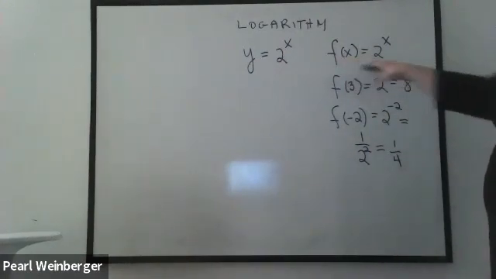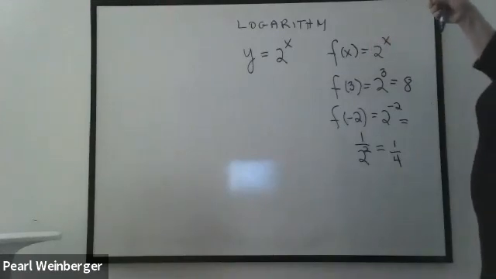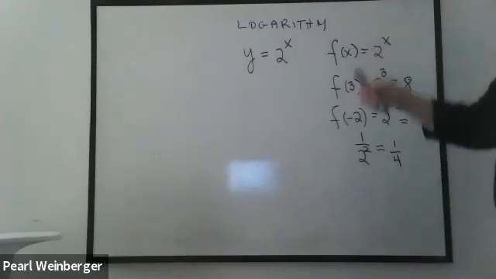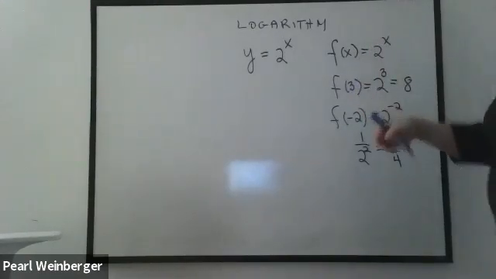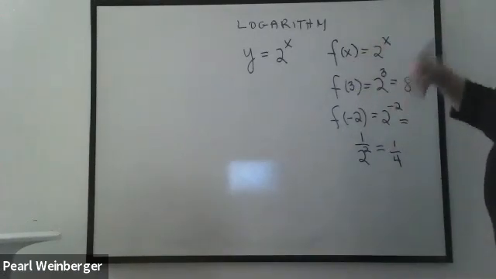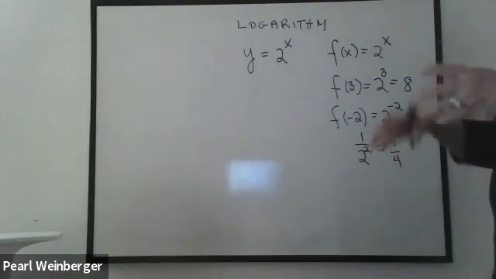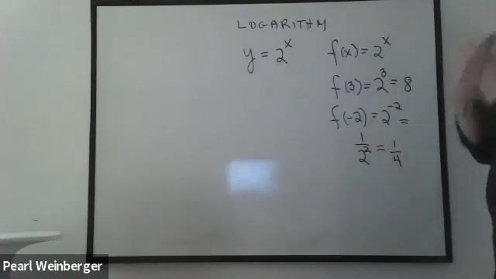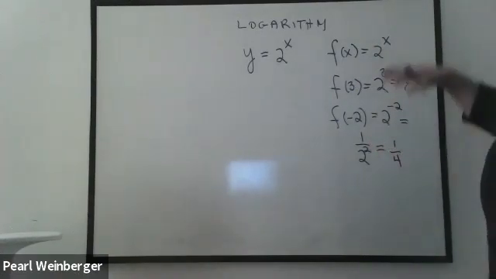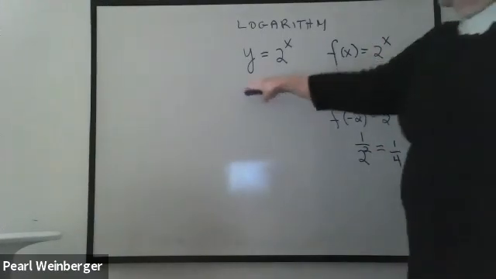Obviously, in this type of function, what I'm giving you is the value of x, the value of the exponent, and you're giving me the answer you get by putting the number to that exponent. Now, what if we want to look at this from a different perspective? Suppose I gave you the y.